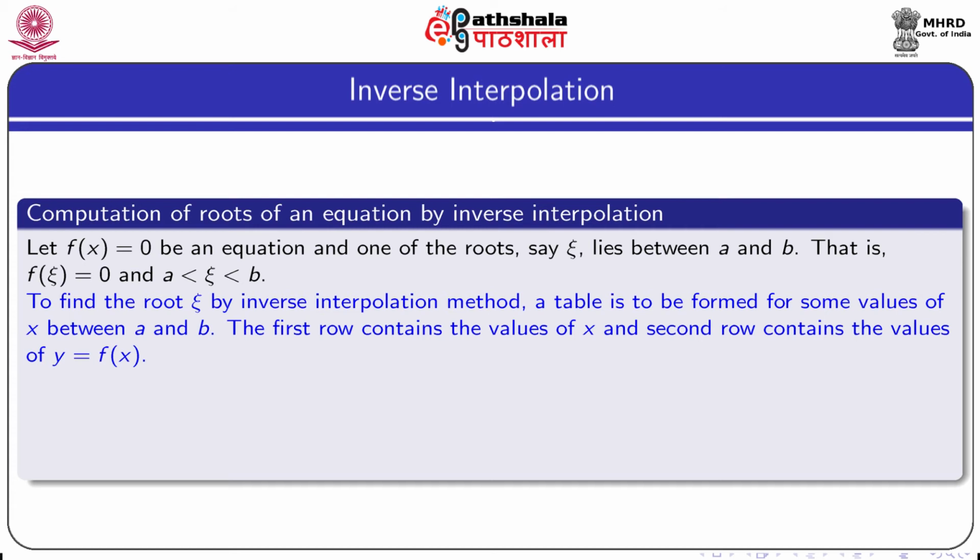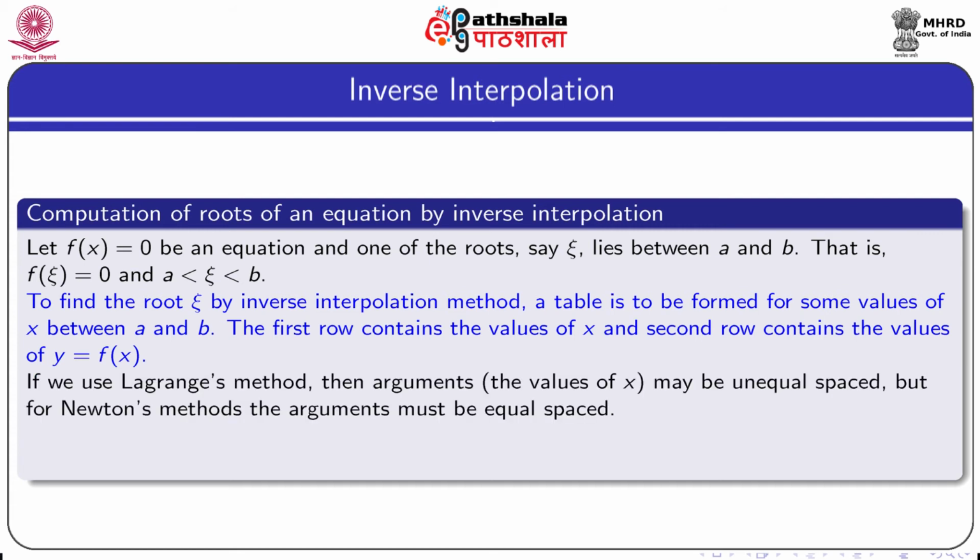The first row of the table contains the values of x and the second row contains the values of y, which is equal to f(x). Now, if we use the Lagrange interpolation method, then the arguments, that means the values of x, may or may not be equally spaced, but for Newton's method the arguments must be equally spaced.